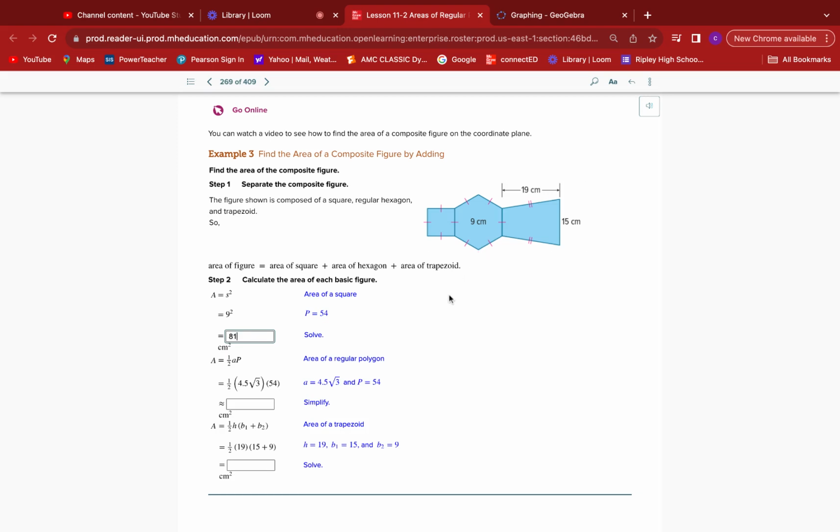So it's going to be a tangent of 30 degrees. Now remember, when we draw the apothem, it takes 9 and splits it into 2 equal parts. So the 4.5 is the little segment right here. So we're going to have tangent of 30 degrees equals 4.5 divided by your apothem.